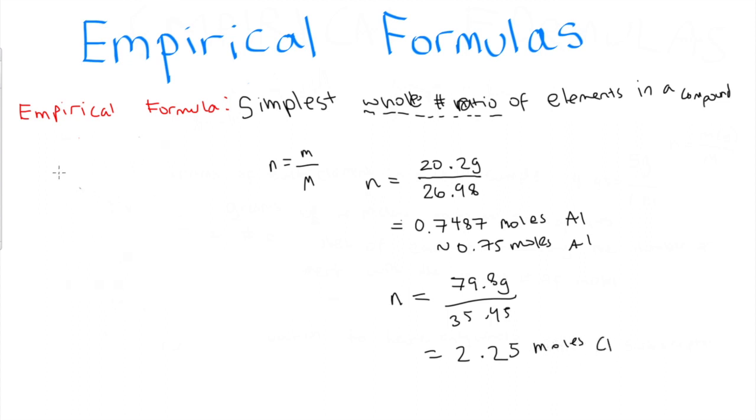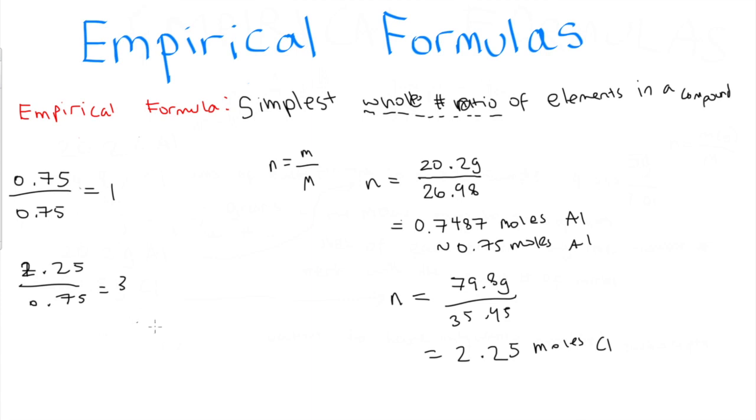Alright, so then step 3: we take the element with the least number of moles and we divide the moles of all the elements by that number. And so 0.75 divided by 0.75 gives 1. 2.25 divided by 0.75 gives 3.